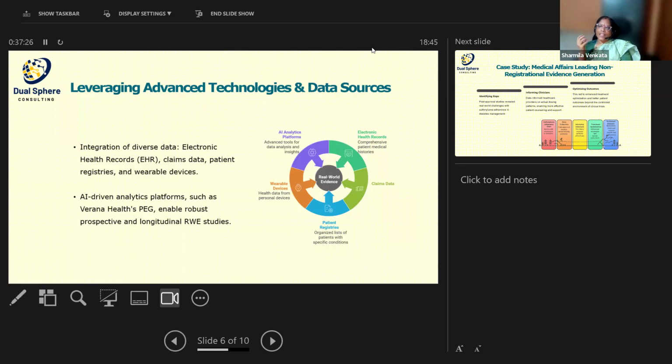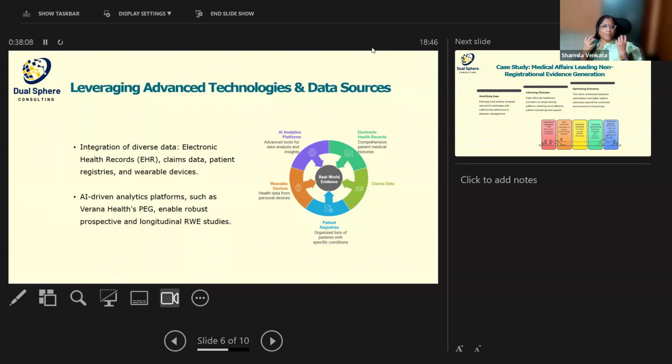Claims data shows healthcare utilization patterns such as hospital admissions, outpatient visits, and prescription refills. Patient registries are organized collections of data for patients with specific conditions or undergoing specific treatments, often across multiple sites and over many years. Wearable devices provide continuous real-time health data such as activity levels, heart rate, glucose monitoring, and sleep quality.